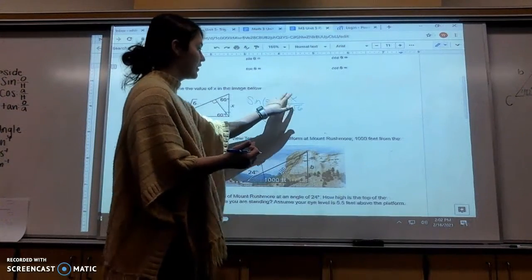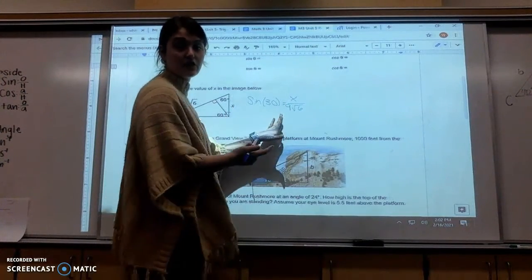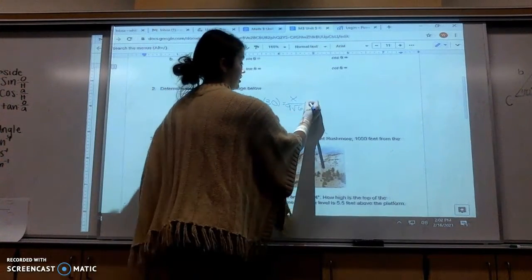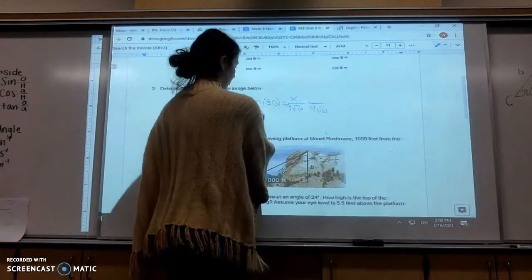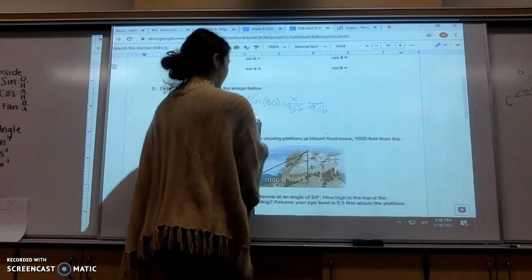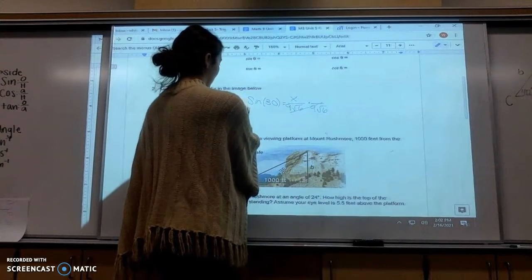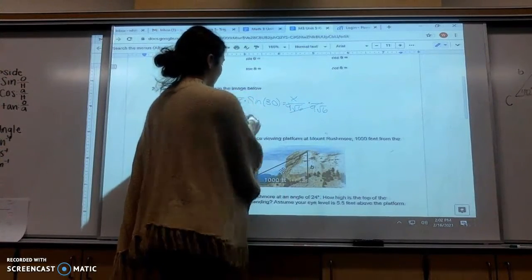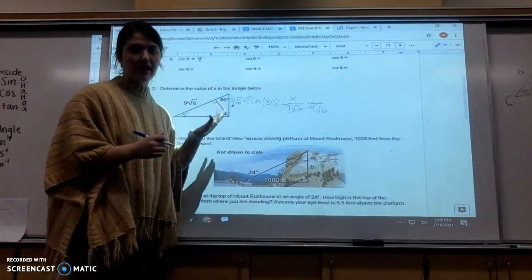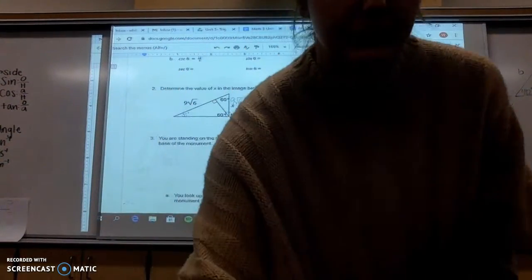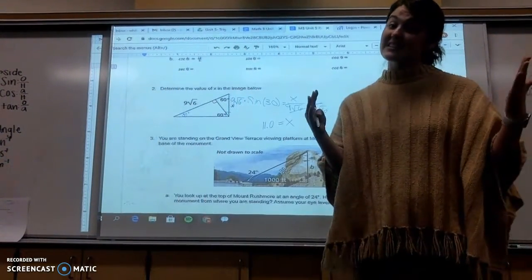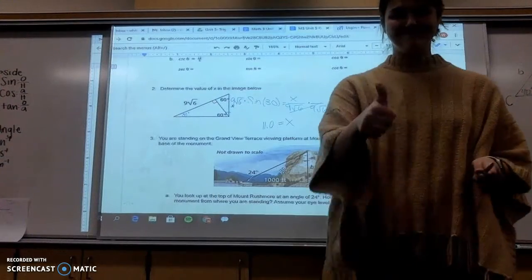I need to get x alone, so this is a division problem, so I have to use multiplication. Multiply by 9 root 6. What I do to one side, I have to do to the other. In your calculator, you type that out and get x all by itself. Get 11.0. That's your answer for that one.